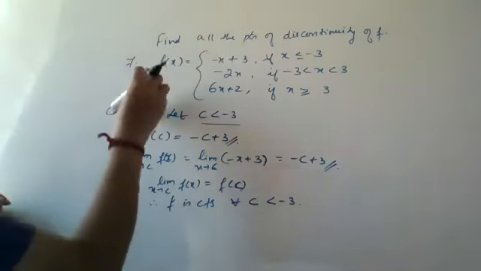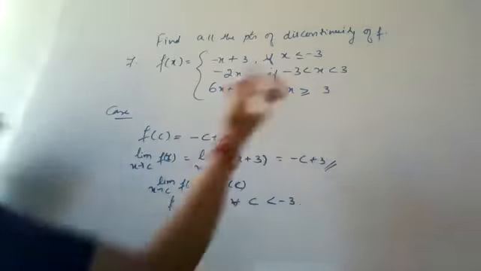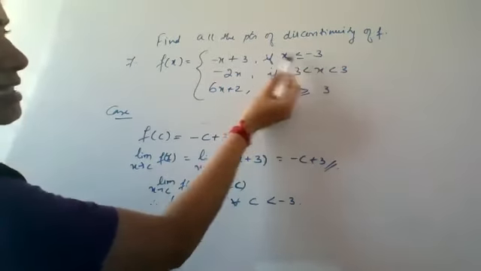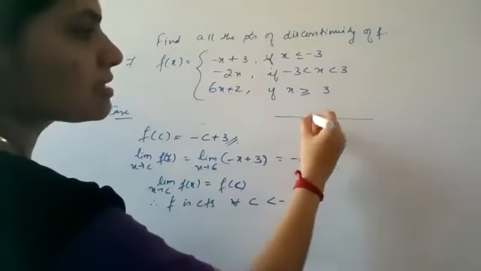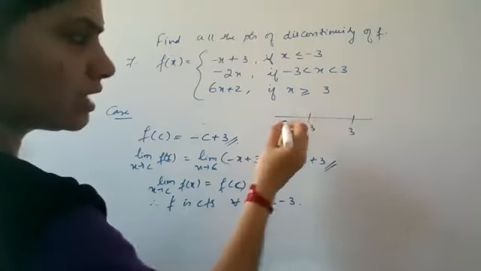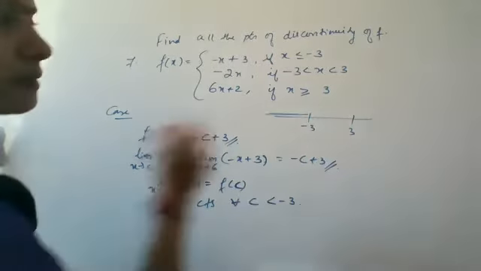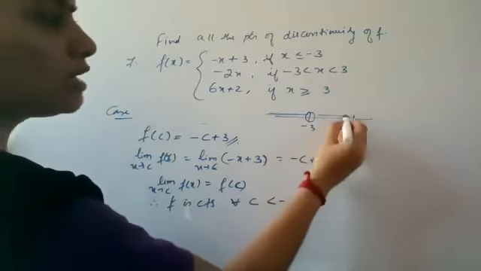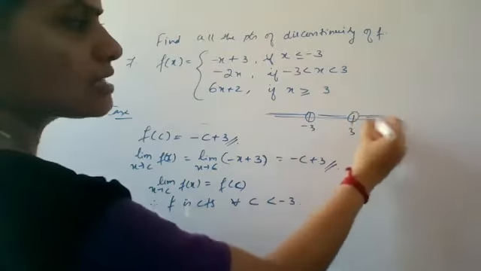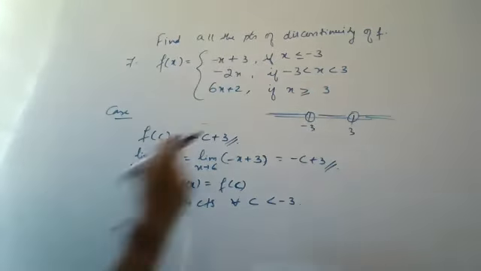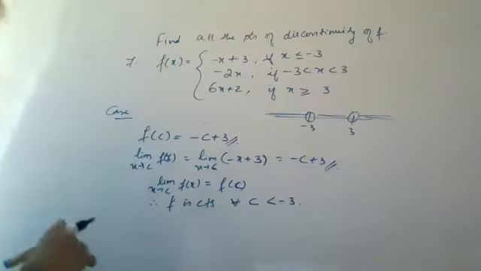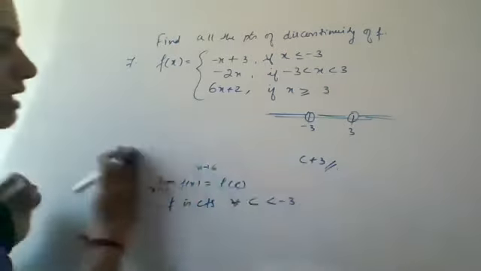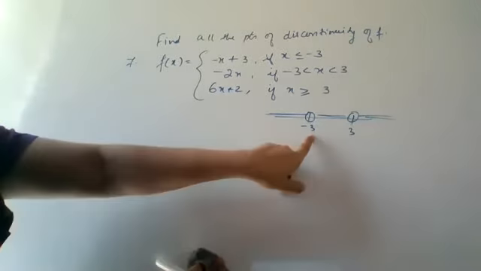Next, case 2. What you need to check is at the points. You have minus 3 and 3, so you have to check for values below minus 3, at minus 3, in between values, at 3, and greater than 3. So 5 cases will come: 1, 2, 3, 4, 5. Okay, so this is the first case. Now the second case is at the point minus 3.